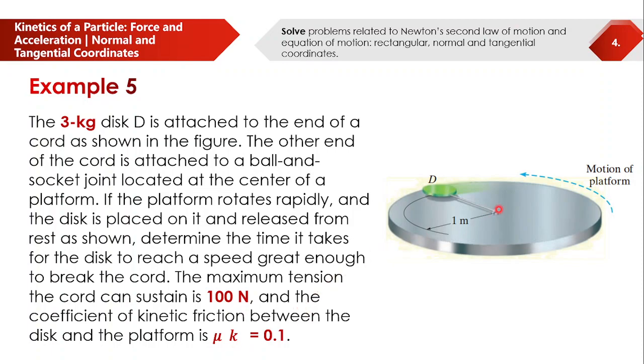So, ang problema natin dito is what is the speed na kailangan na ma-experience ng disc natin para ma-break yung cord natin. Okay? And then we are given the tension of the cord to, of course, solve for the unknown.